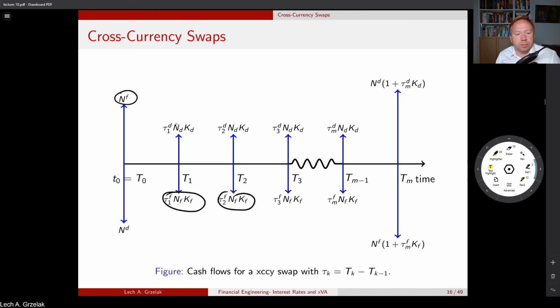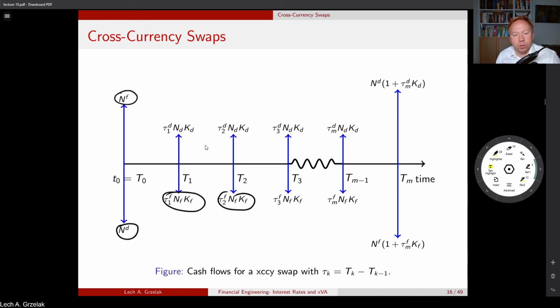From the other side, we gave away notional in foreign currency and received notional in domestic currency. So every time we receive this, we have to pay the proportion of this received notional in domestic currency. You see, we start with NF, ND, ND, ND.